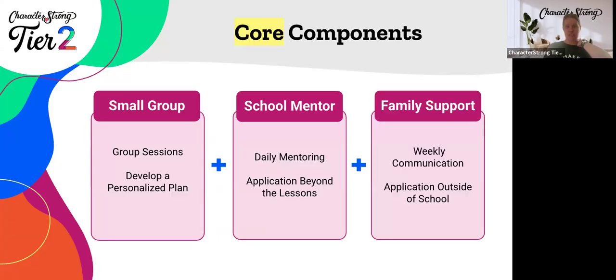The last component is what we consider family support, where families are going to be learning alongside their student, and they are going to help with students applying their skills outside of school.